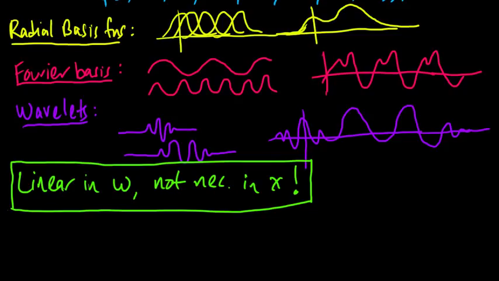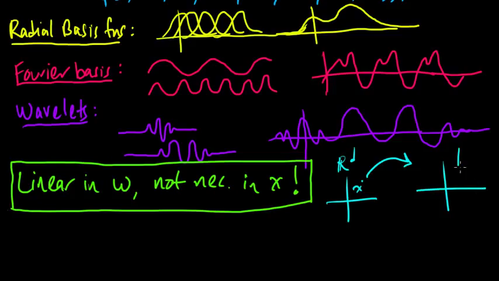A way to think about this is that we've got our original d-dimensional space here, this is R^d, and we've got x living here, and we map x to some other space, R^m. So this goes to phi of x, and our map is phi. Sometimes people call this the feature space. This is our original space, and this is our feature space.